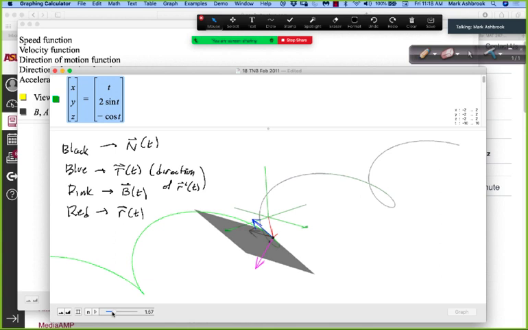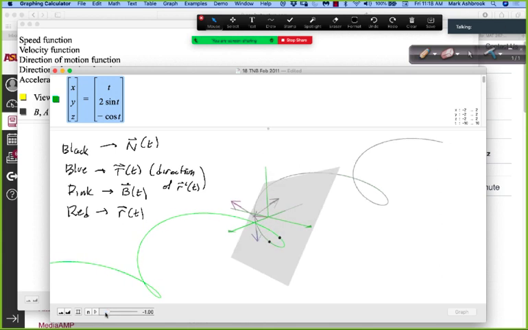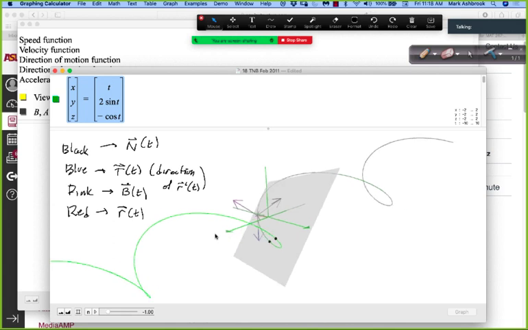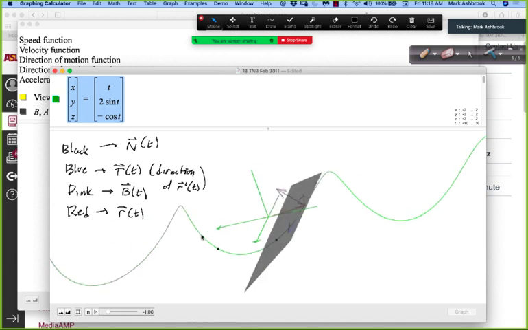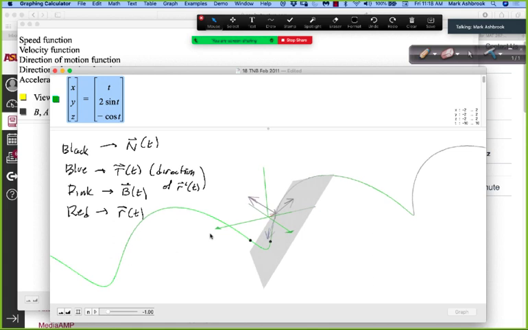All right, so there it is. And what about when we first start, down there at the bottom, or in the back there, I guess. So it's the plane of motion. That's the best I can do right there. That's pretty cool.